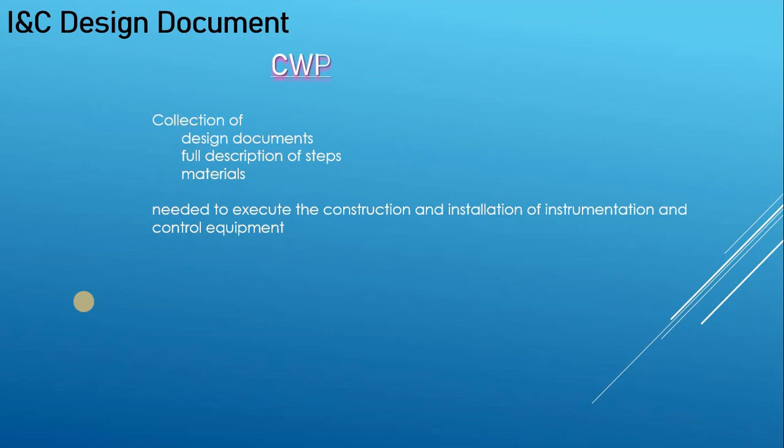But sometimes you also want the field contractor to buy a transmitter or a pressure gauge. The project will not buy 2 pressure gauges; it's very expensive for the EPC company to buy 2 or 3 big pressure gauges. So in the construction work package, you instruct the field contractor to buy those 2 transmitters, or the pressure gauges, or this junction box, or specific cables, and to install them.